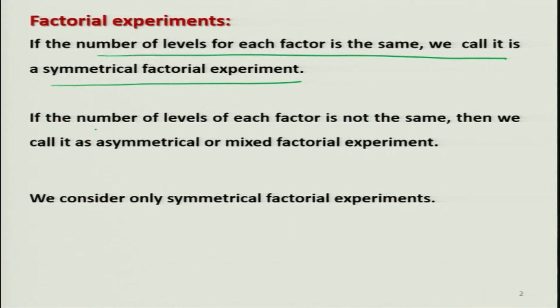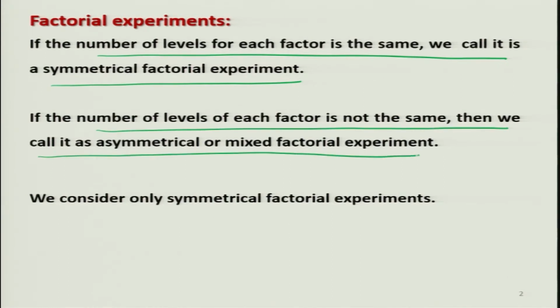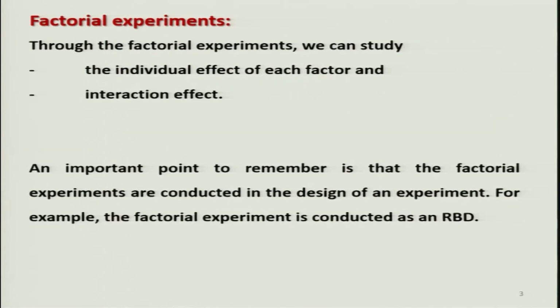If the number of levels of each factor is not the same, then we call it an asymmetrical or mixed factorial experiment. In this course we are going to consider only the symmetrical factorial experiment. Extending this concept to the asymmetrical case is not difficult; the only thing is that, given the time frame and the course structure, I will be discussing only the symmetrical factorial experiment.